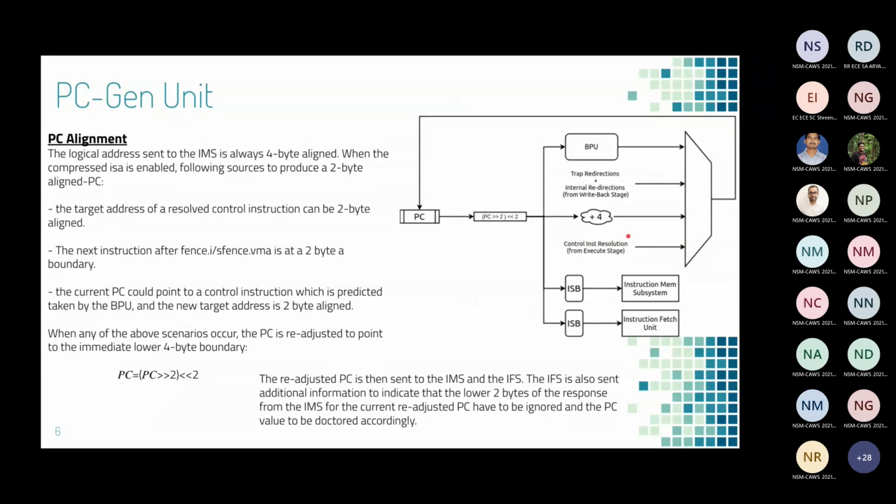You can also have traps and redirections. For example, misaligned accesses, misaligned exceptions, page faults. All of these are called traps. Traps will be taken from the write back stage. Right? So when an instruction is executing or when it's decoded, it could have led to any one of these numerous exceptions that RISC-V defines.